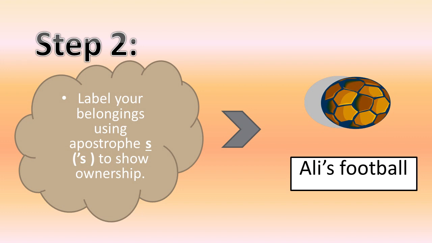For example, lunchbox, water bottle, pencil box, bag, etc. After looking for your belongings, on the 4 slips of paper, write your name with your belongings on one slip. For example, if you have a football and your name is Ali, you will write Ali's football on one slip.